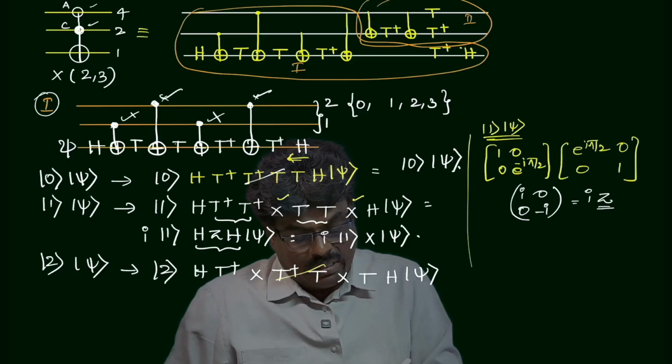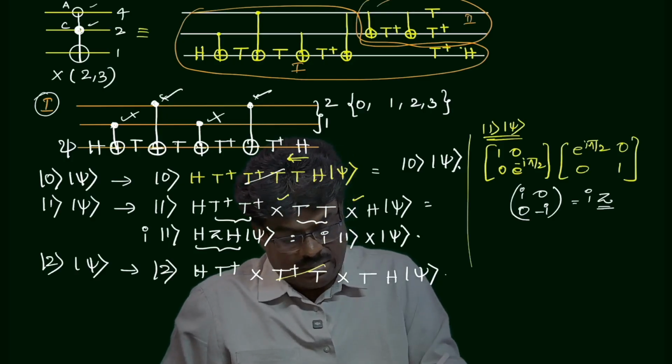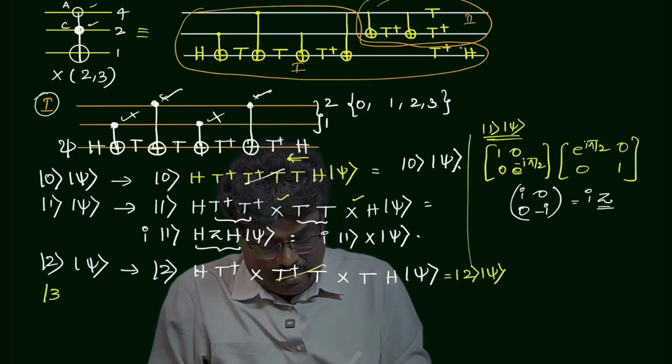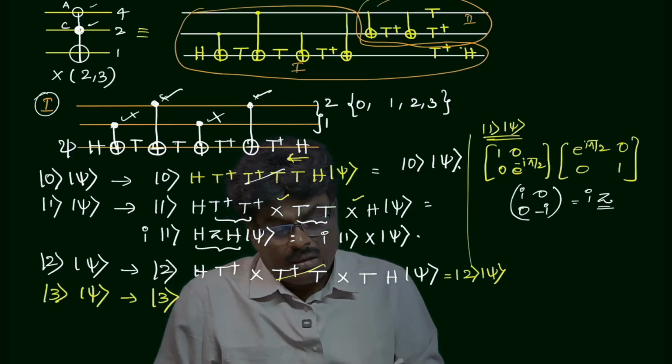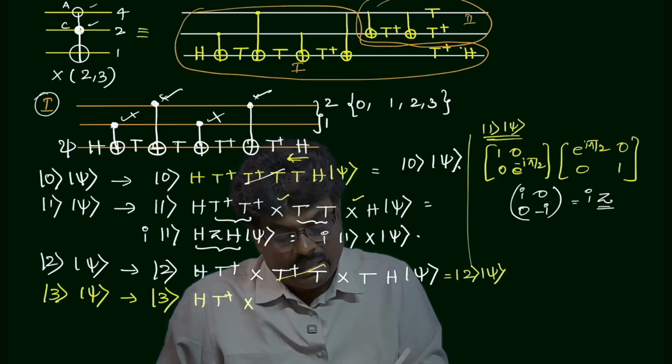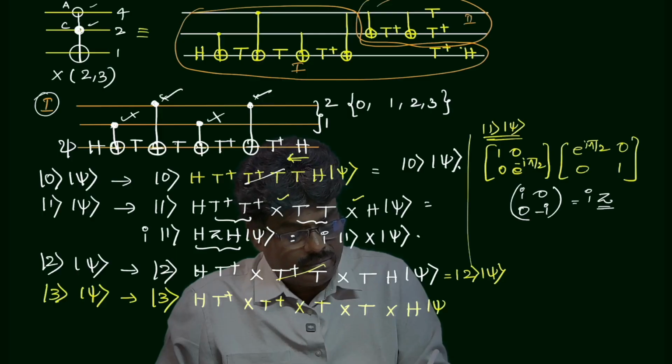And side by side, gone. This is nothing but 2 psi. And 3 psi, so this is a 3. All are on, that means all C naught will operate: H, T dagger, X, T dagger, X, T, X, T, X, H.